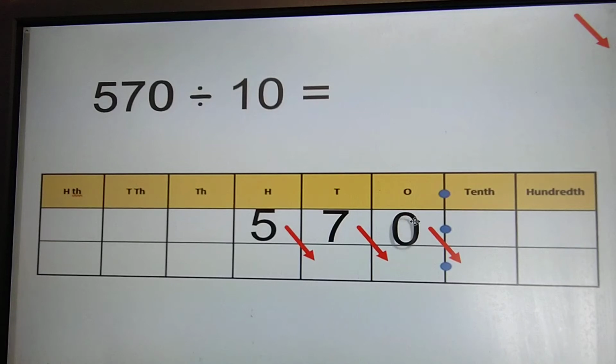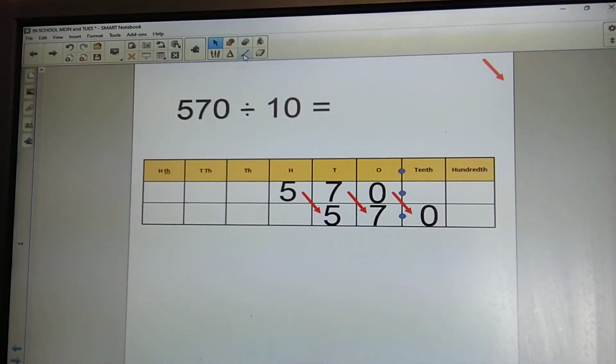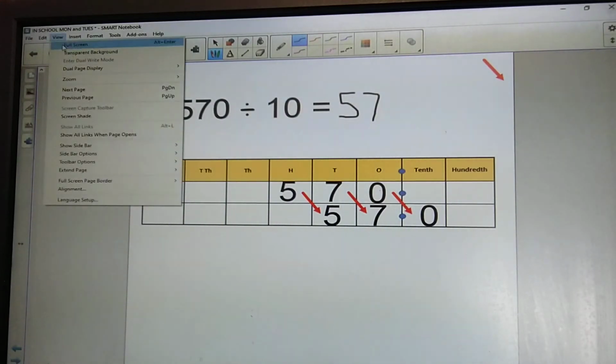So we move the 0 one place to the right. We will move the 7 one place to the right. And we will move the 5 one place to the right, which gives us an answer of 57.0, or we can simply write 57 because we have nothing of value after the decimal point, so we can just record that as 57.